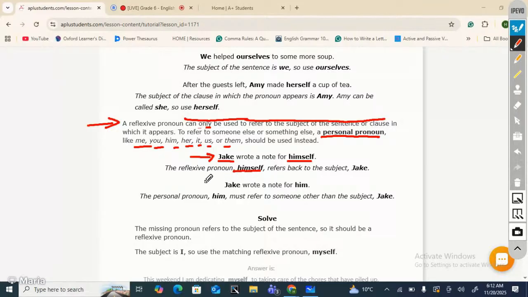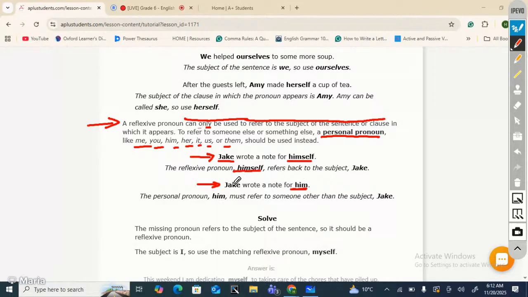But if the sentence is Jake wrote a note for him, him does not refer back to Jake. It doesn't mean that Jake wrote a note for himself. Him, a personal pronoun, is used now. It must refer to someone other than Jake.